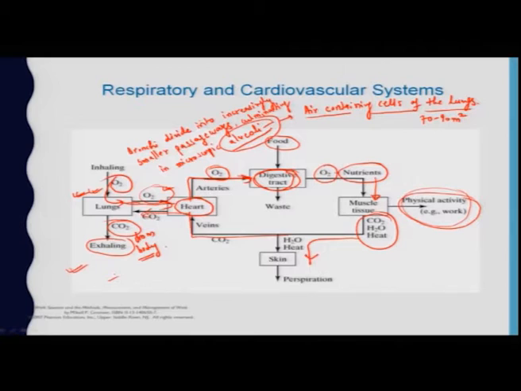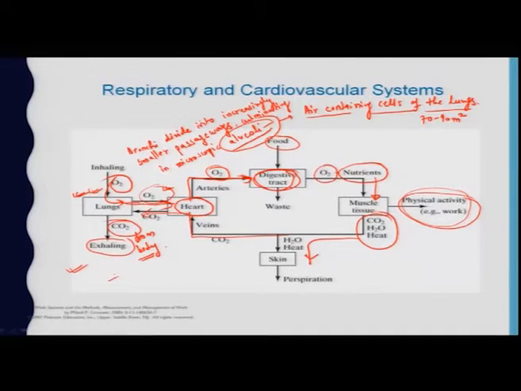So this is, in a nutshell, the whole respiratory and cardiovascular system, components and their functioning, which we need to understand because these are our body parts, and we need to have a proper knowledge or understanding of the various functions in order to live longer. So this is all about the functioning of the various components of this coupled system.